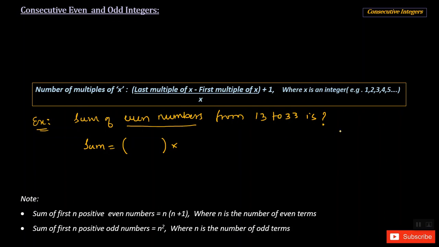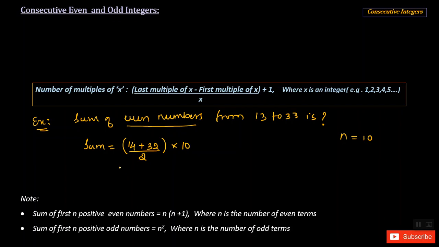So we found that the number of even terms from 13 to 33 in the previous example was 10. Yeah, so we found that the value of n as 10, right? So what was your first number? 14, and the last number was 32. The average of the first and the last term, so divided by 2 times the number of terms, what we got here as 10.